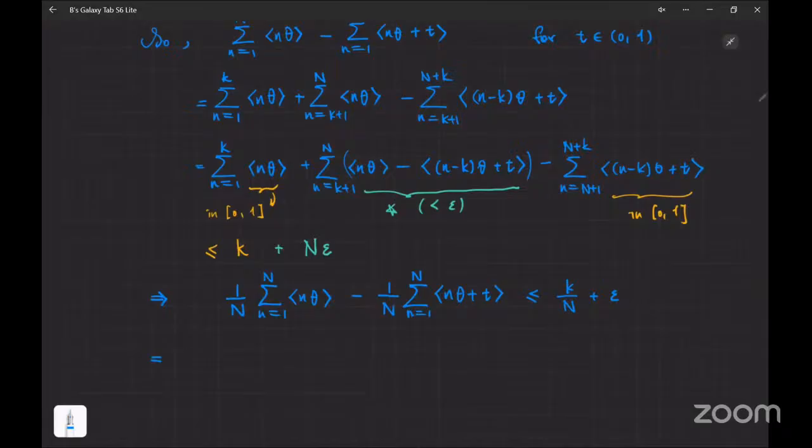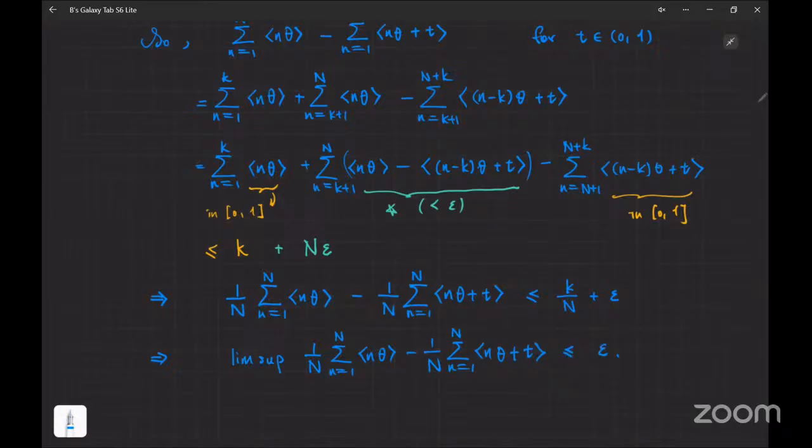So this implies that the lim sup of 1 over n times the summation from 1 to big N of n theta minus 1 over n times the summation of n theta plus t is less than or equal to epsilon.